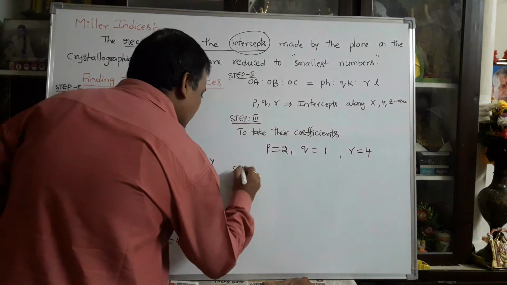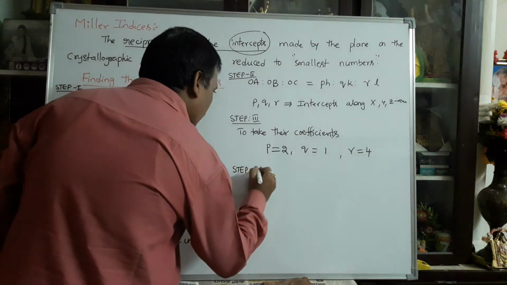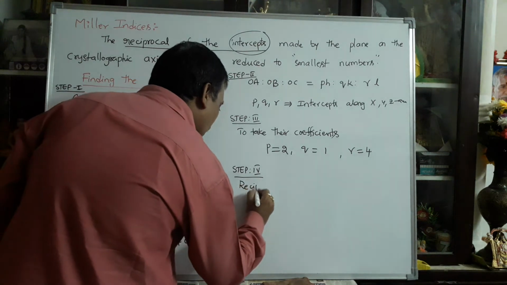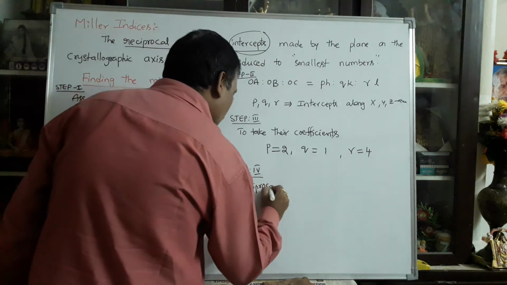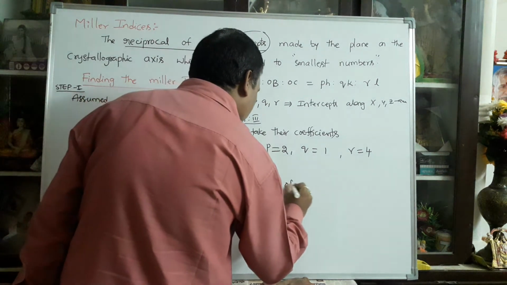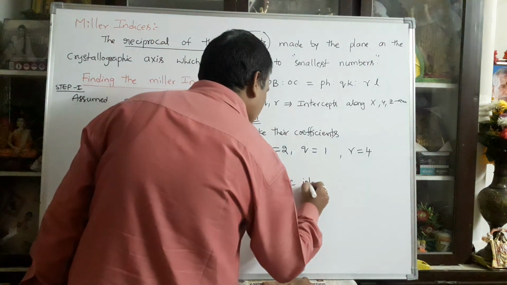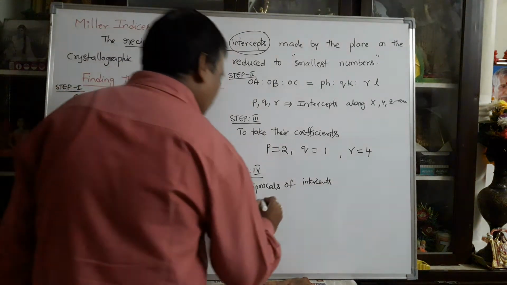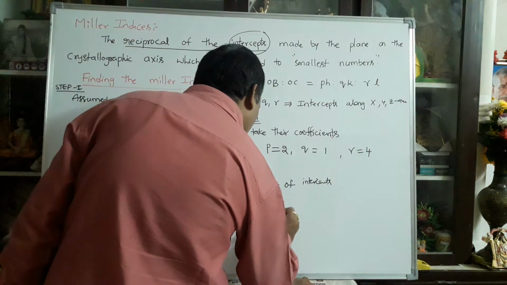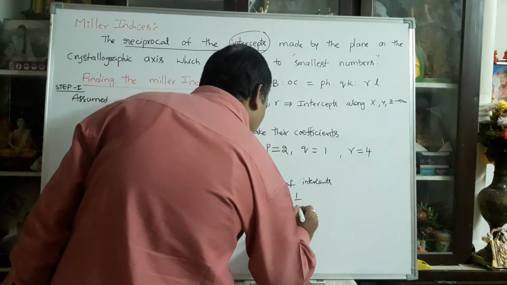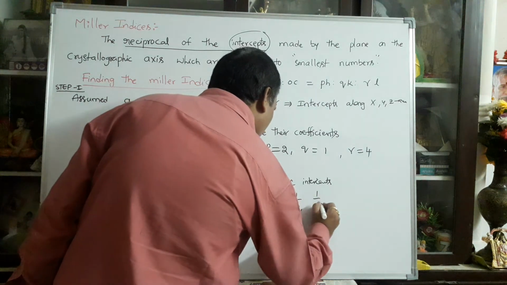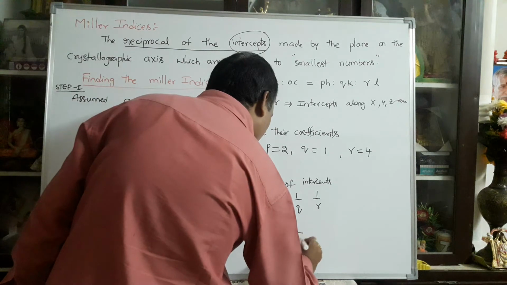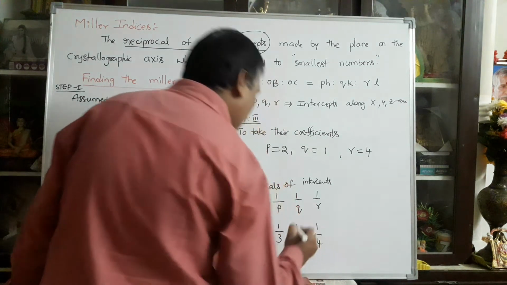After completion of step 3, we go to step number 4. What is step 4? You take the reciprocals of intercepts. Reciprocal of intercepts, nothing but you write 1 by P, 1 by Q, 1 by R, nothing but 1 by 2, 1 by 1, 1 by 4.